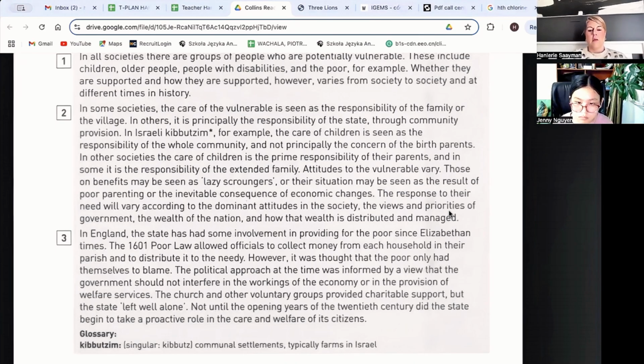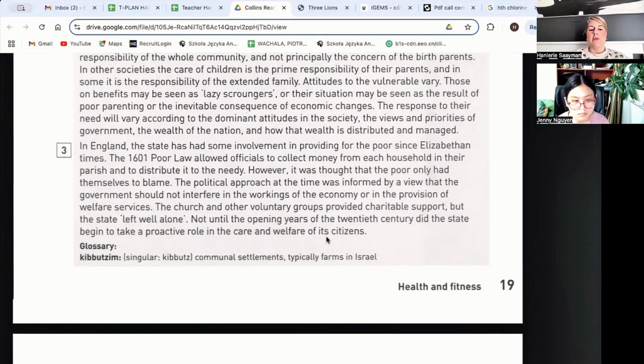Also, it would mean the vulnerability of people who depend on others in their life. So basically, it's a responsibility of the care of children in the community. Yeah. Okay. Now, number 3.